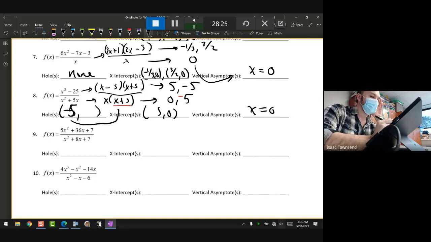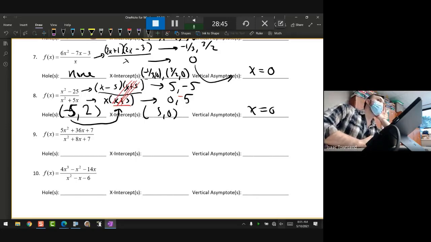You need to plug this back into the function, but not here. If you plug it in here, you get 0 over 0. That doesn't help you. You need to reduce, let these cancel out, and plug it into what's left over. -10 over -5 would be 2. So it skips the point at -5, 2.